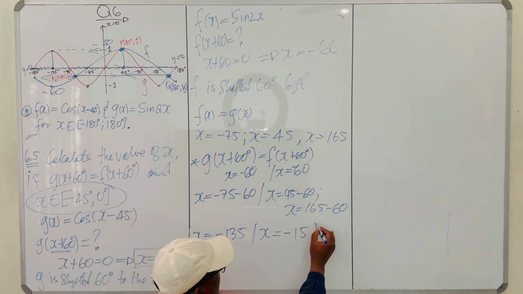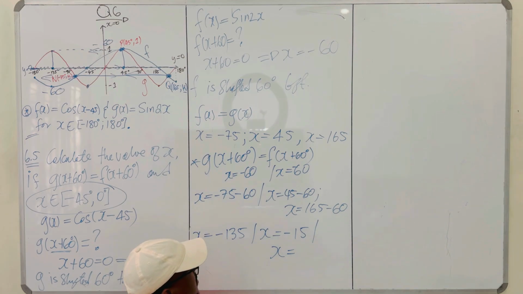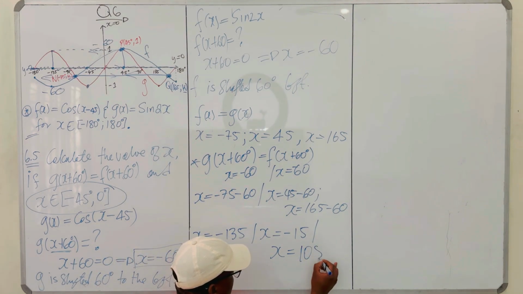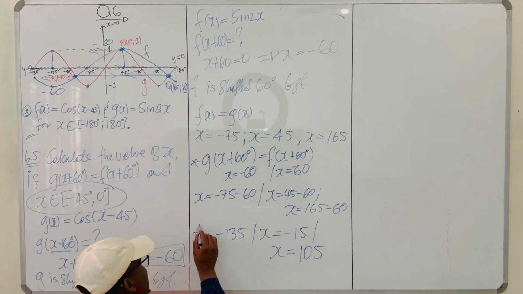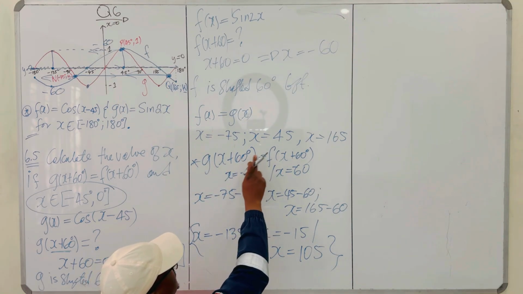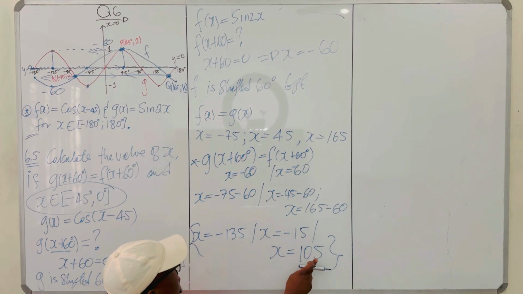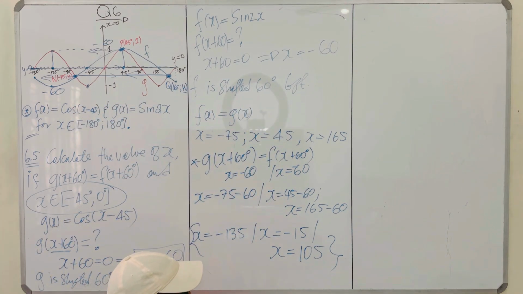And then the other one is x equal to 165 minus 60, which is 105. These will be the new points of intersection of these functions. These shifted functions will intersect at the same positions but shifted to the left, because that's what you did to the functions. You have shifted them to the left.